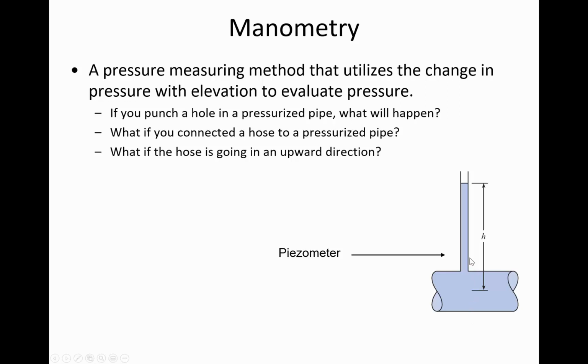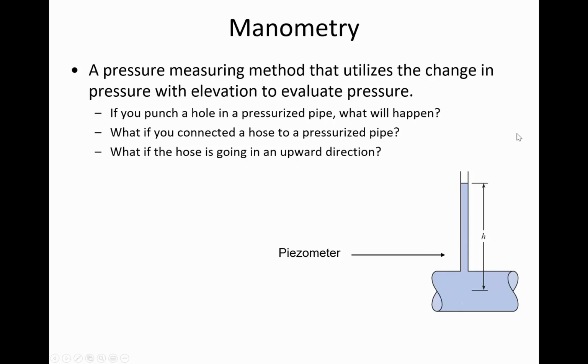If you have a lot of pressure in the pipe, then the water level is going to rise to a certain elevation, and then it's going to stop. Now, if this confining piezometer tube is not tall enough and you have a lot of pressure in the pipe, then water could spill out the top.